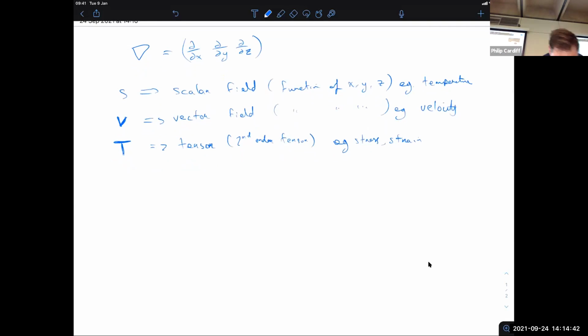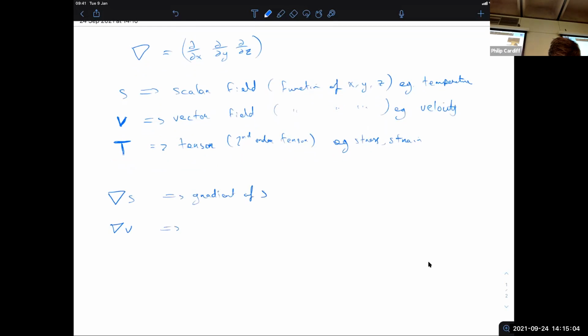Okay, so then let's look at some of the operators. So let's say I can go grad s, so that could be like grad of temperature. So s is a scalar, or maybe I could go grad of v as well. So when I write them like this, this is called the gradient of s.